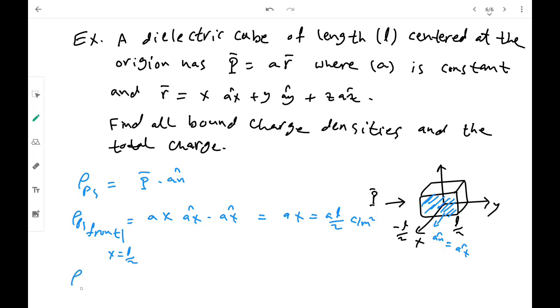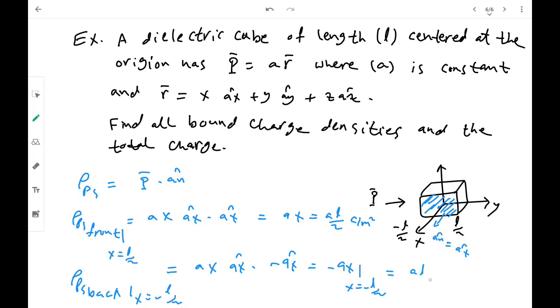Now for the back face, rho ps back, which is located at x equal to minus L over 2, it is equal to P dot a normal. Now the polarization vector is A times x in the x direction, dot negative ax. This is equal to minus A times x at x equal to minus L over 2.